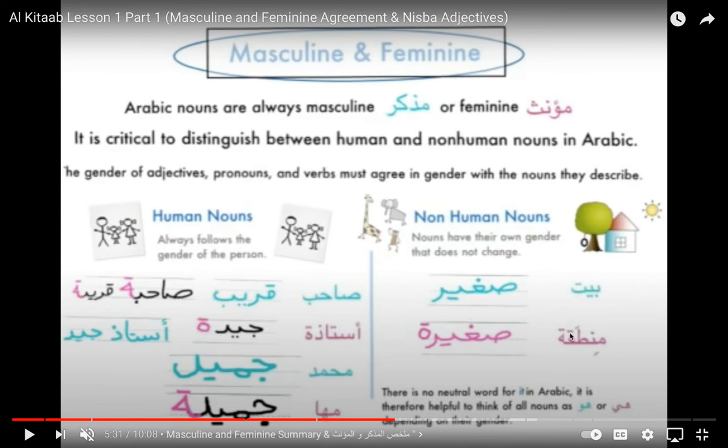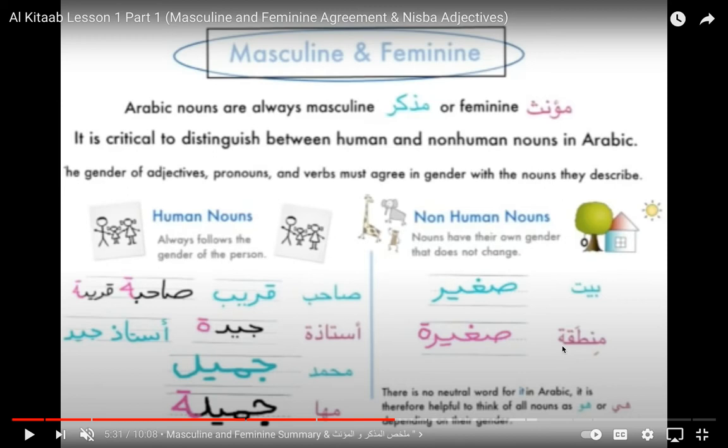Okay? Now, here I have another noun, another word, which means a region. So here a region, منطقة, or an area. In Arabic, منطقة is a feminine noun, and you can see here a ta marbuta. See here what I said? But when we write, we must write the ta marbuta.